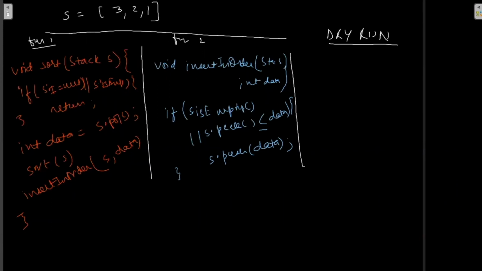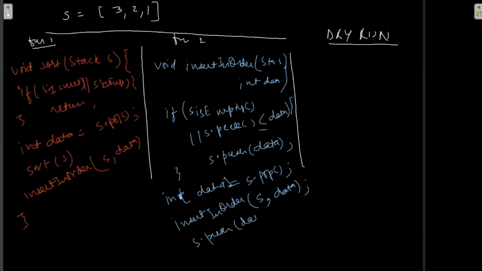Okay. If that is not the case, what I do is that I pop, data one is equal to s dot pop, and then I call insert in order, I put s and I pass again the same data, and then I do s push data one.